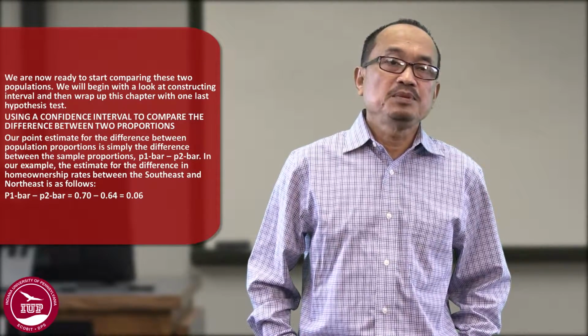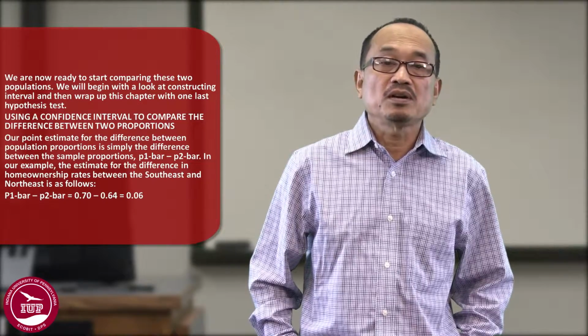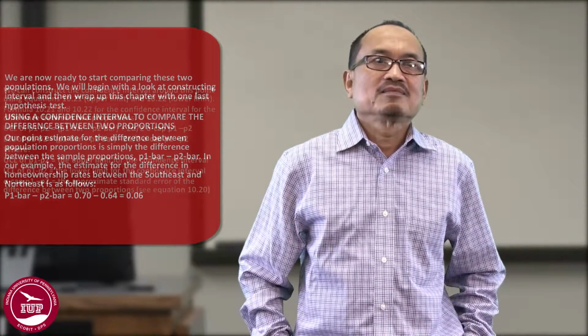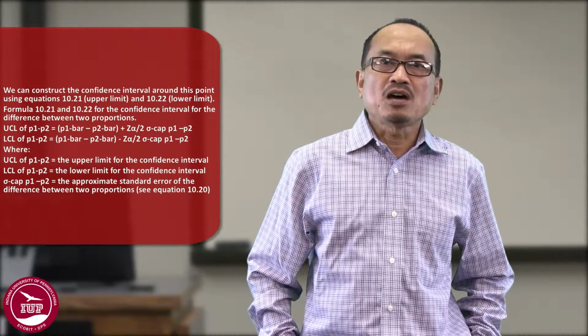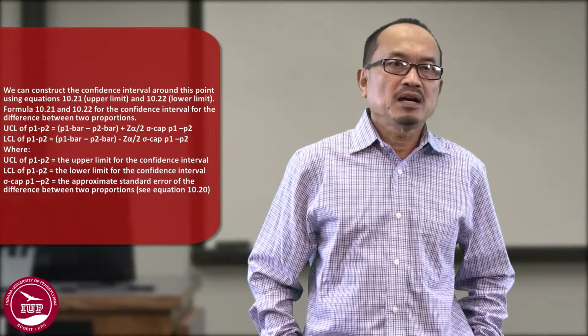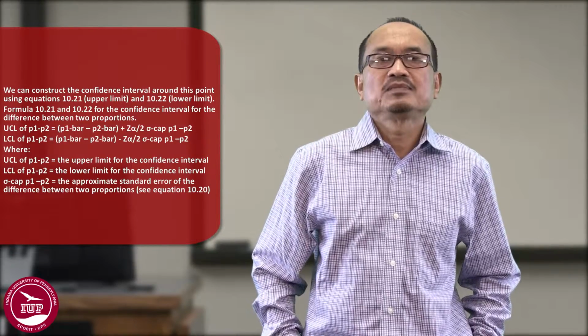P1 bar minus P2 bar is equal to 0.70 minus 0.64, equal to 0.06. We can construct the confidence interval around this point using equation 10.21 for the upper limit and 10.22 for the lower limit.